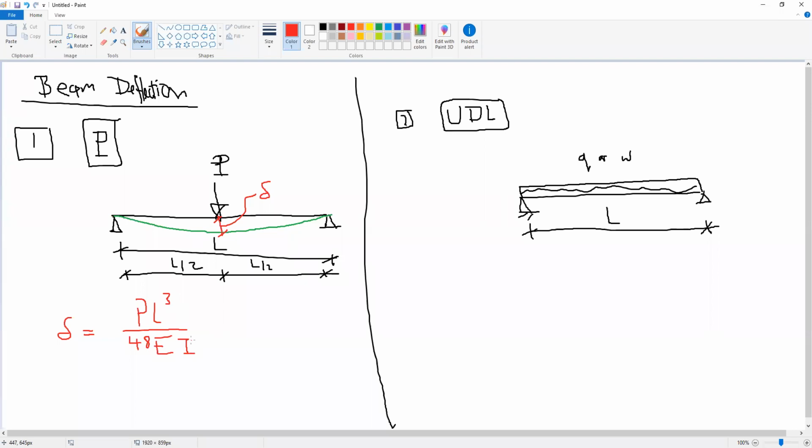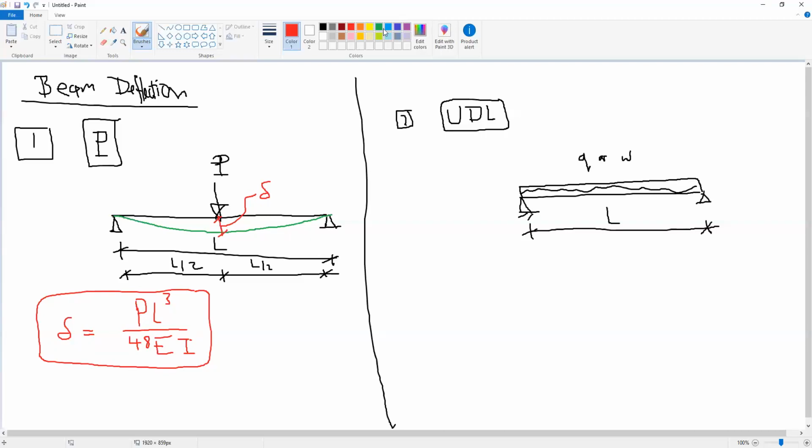Yes, PL cubed divided by 48 EI. This is the formula for the deflection for the concentrated load case.